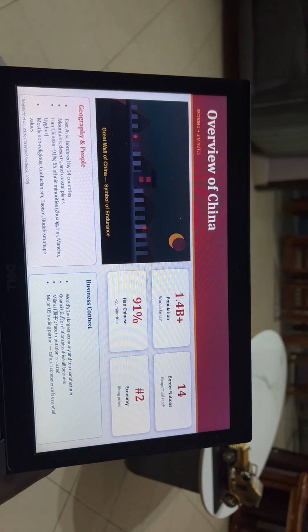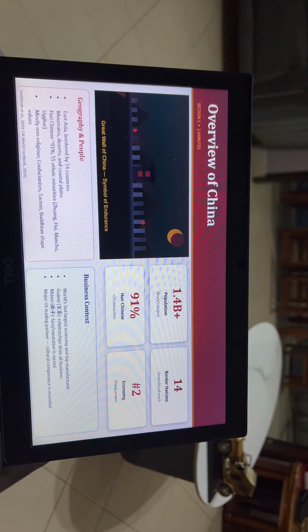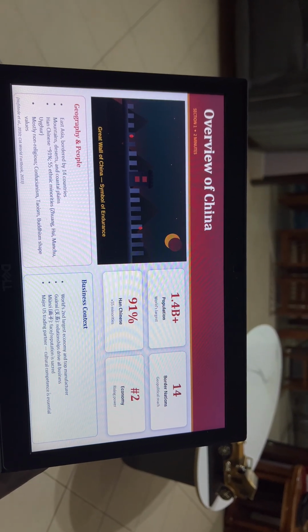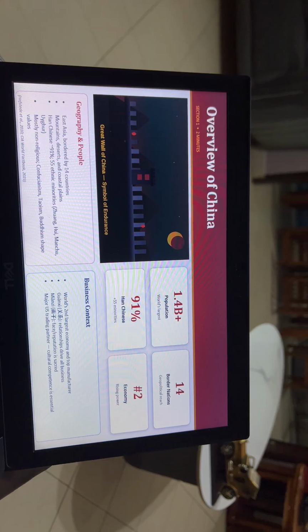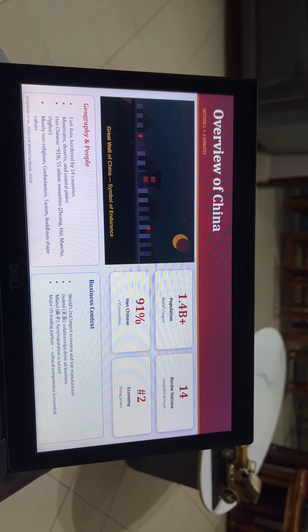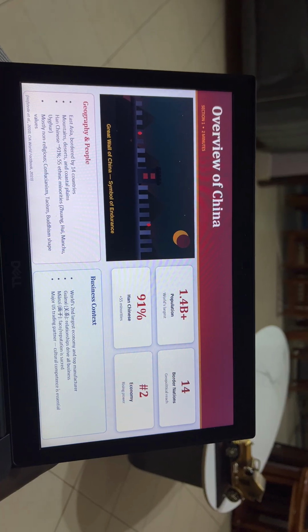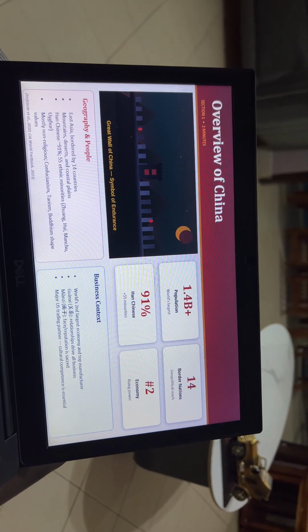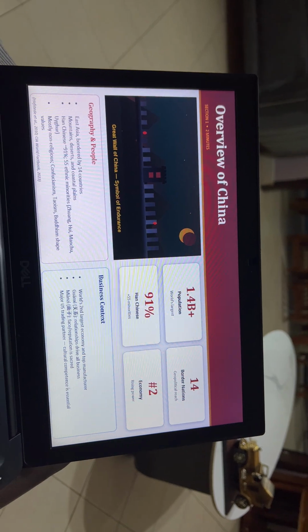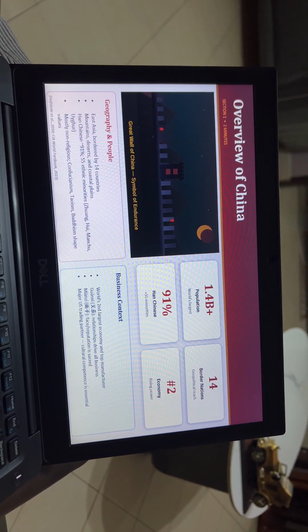In terms of geography and people, China is located in East Asia and is bordered by 14 countries. In terms of religion, the Chinese are mostly non-religious. It has a population of 1.4 billion. It has the second largest economy, which of course is rising.